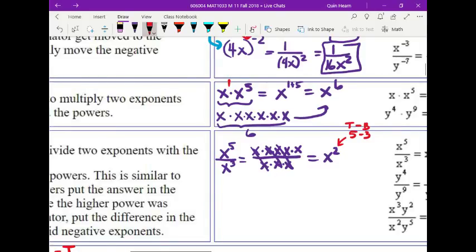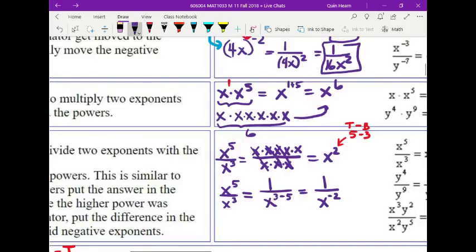All right, now let's see what would have happened if we had chosen to use that other rule I told you about, where you do bottom minus top but leave it in the denominator. If you do that, you're going to have 1 over x to the bottom exponent minus the top. That would give you 1 over x to the negative 2. And of course, we're not going to leave a negative 2 in our answer.